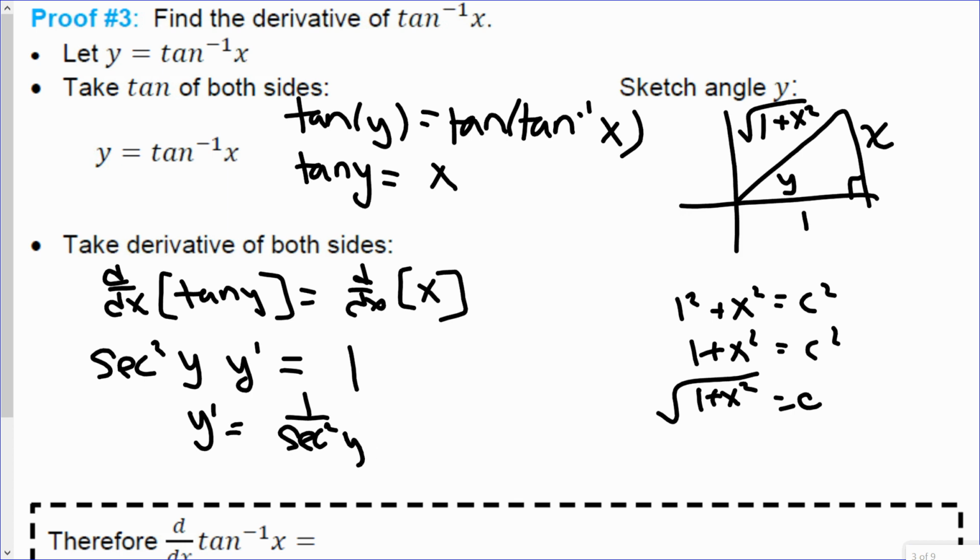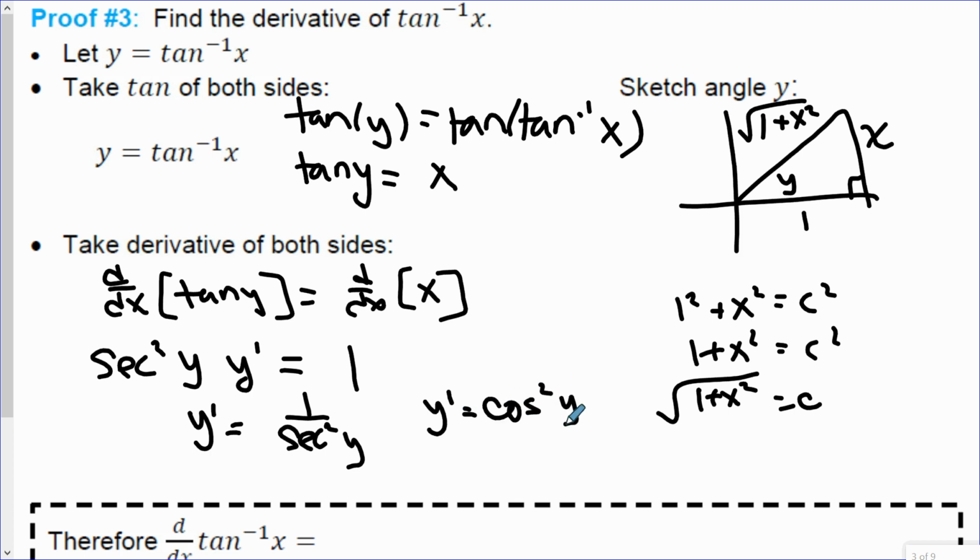Okay, so what I know about secant squared is that it's the reciprocal of cos squared. So 1 over secant squared would actually be cos squared y.